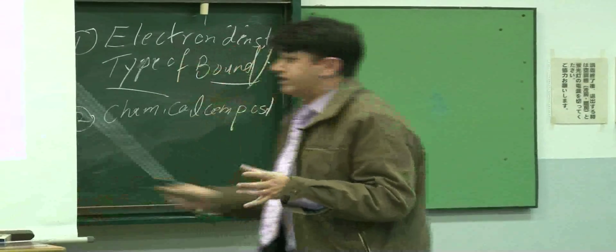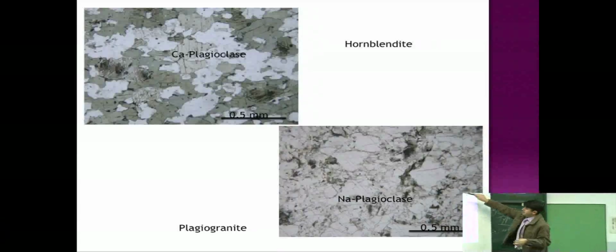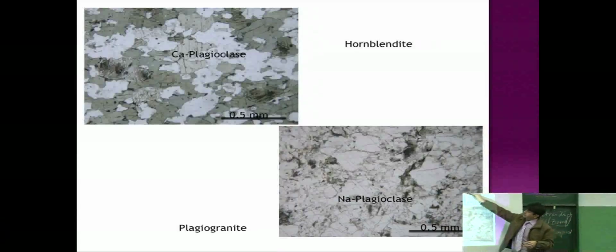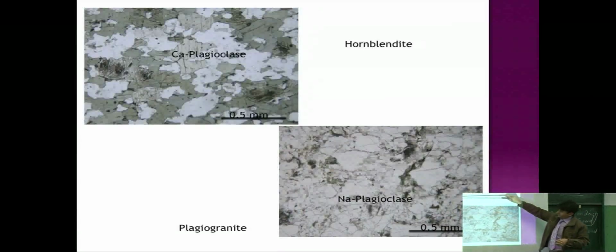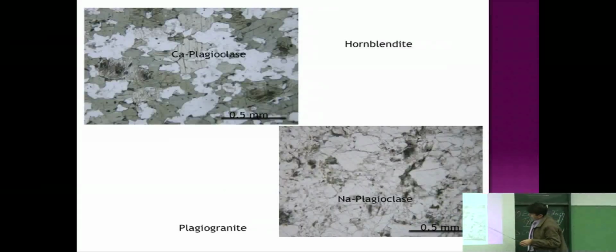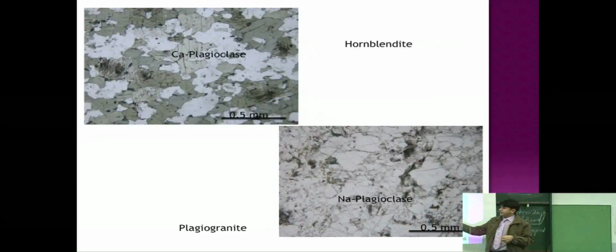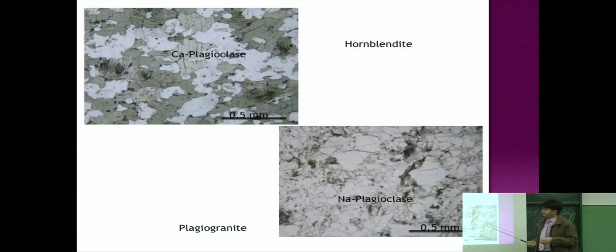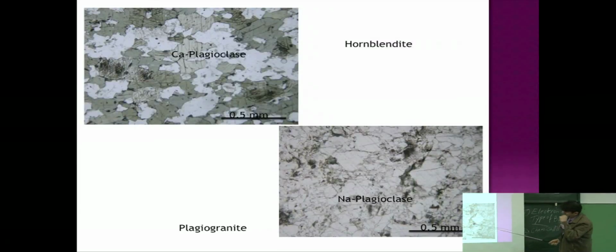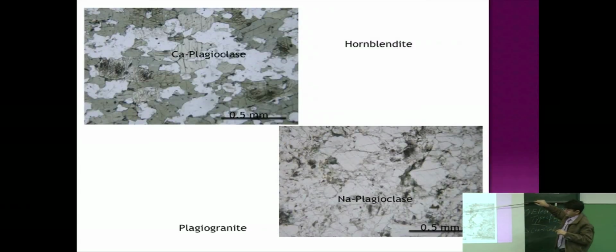We also have plagioclase. I show you the diagram of plagioclase. We have two types of plagioclase. We have a Ca plagioclase, this white area. This is plagioclase in hornblendite, and we have plagioclase in plagiogranite. Here, the refractive index is higher than in plagiogranite. It is not so clear, but here the boundary is very sharp, and here it is not so sharp.